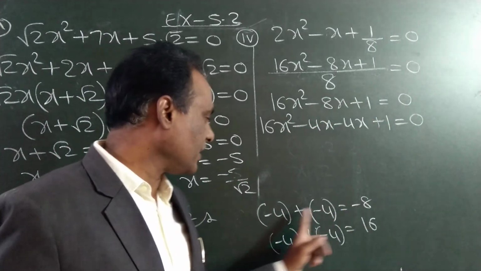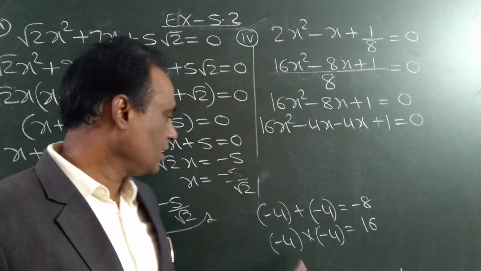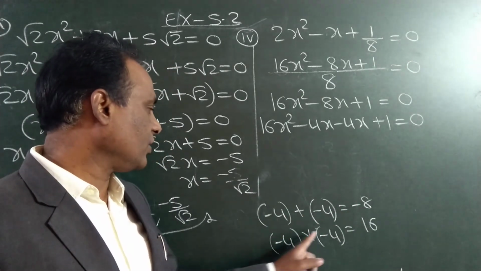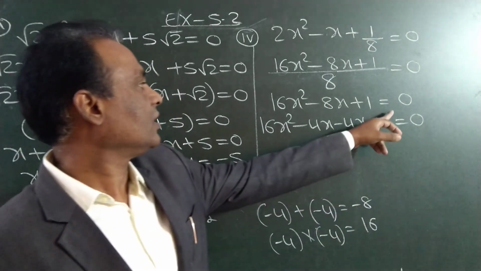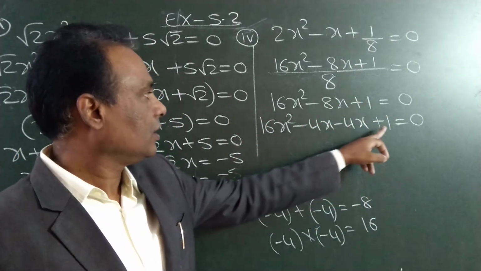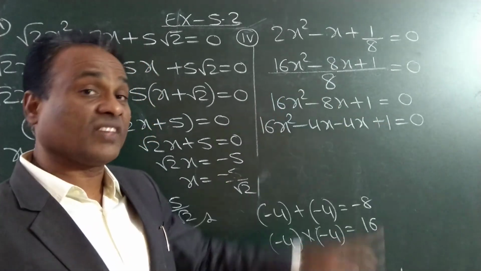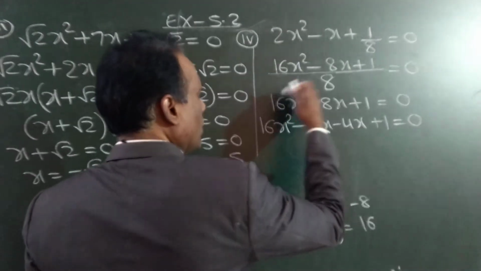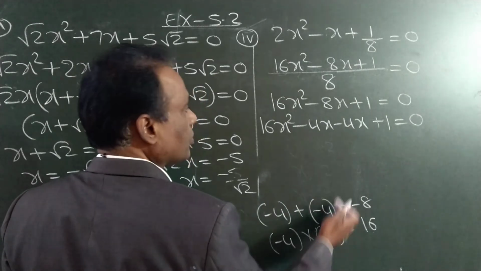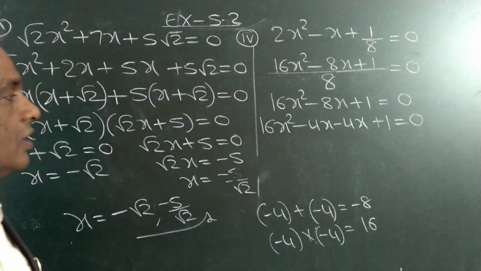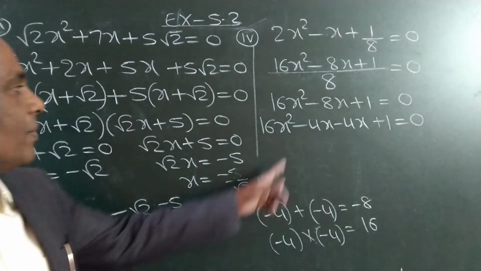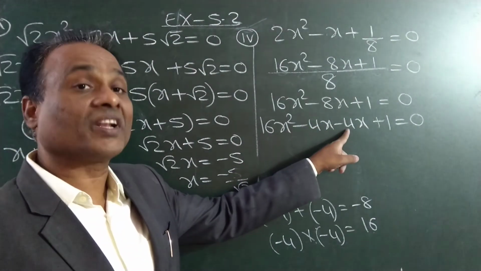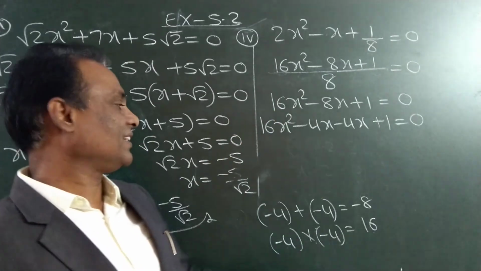Sum should be minus 8: minus 4 minus 4 is minus 8, and minus 4 into minus 4 is plus 4 into 4, 16. 1 into 16 is 16. So this product should be 16, and the sum should be minus 8.